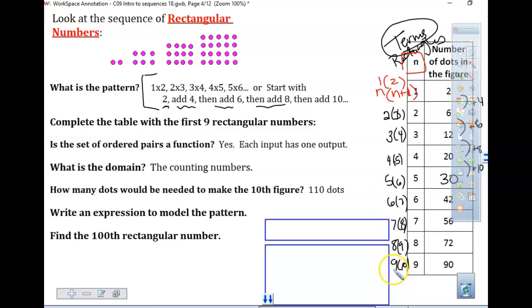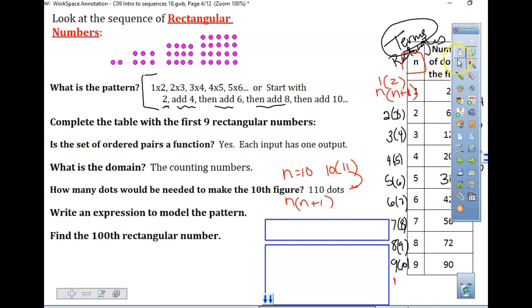So when n was equal to 10, what did we do to get 110? We took 10 times 11. That means we took n times, what is 11 compared to 10? It's 1 more, n plus 1.